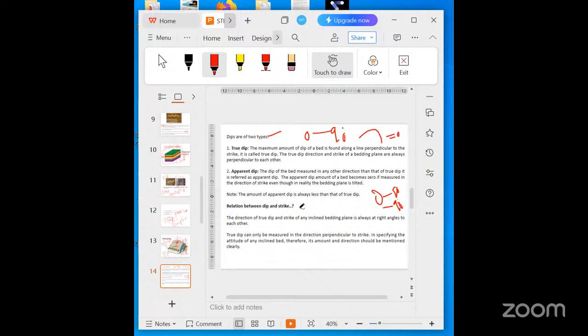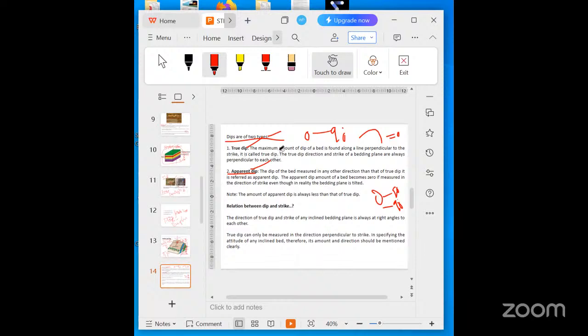Now you see here dip is of two types. The first is true dip and the second is apparent dip. What is the true dip? The maximum amount of dip of a bed is found along a line perpendicular to the strike.